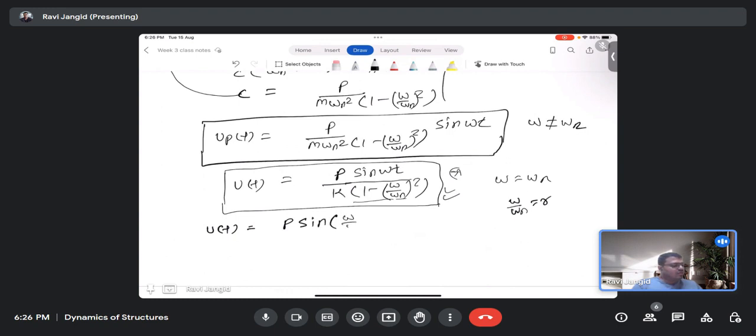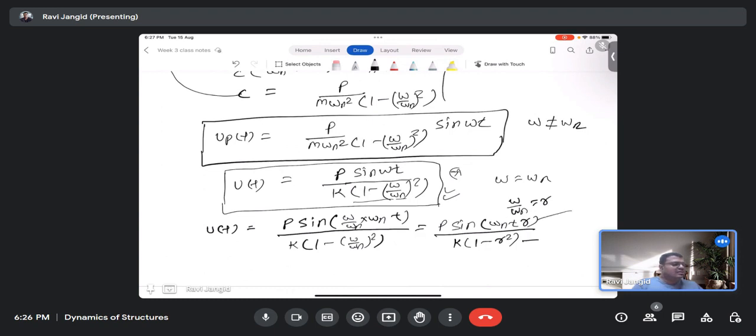I will make this also omega by omega n: omega by omega n multiplied by omega n t, divided by k into 1 minus omega by omega n squared. I can rewrite this as p sine omega n t into r divided by 1 minus r squared. With L'Hospital's rule, I differentiate the upper and lower parts with respect to r.